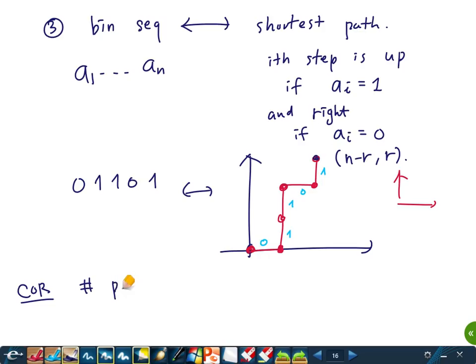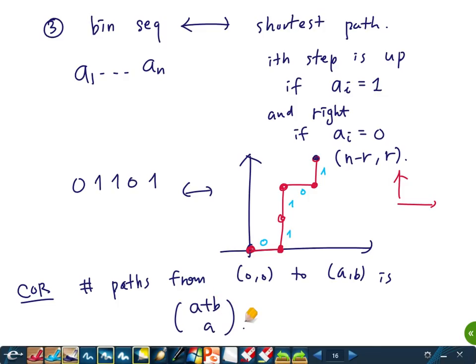And a corollary here, of course, is very useful. The number of shortest paths from 0, 0 to a comma b is what? It is a plus b choose a. Okay? So the number of paths like this from 0, 0 to a comma b is a plus b choose a.